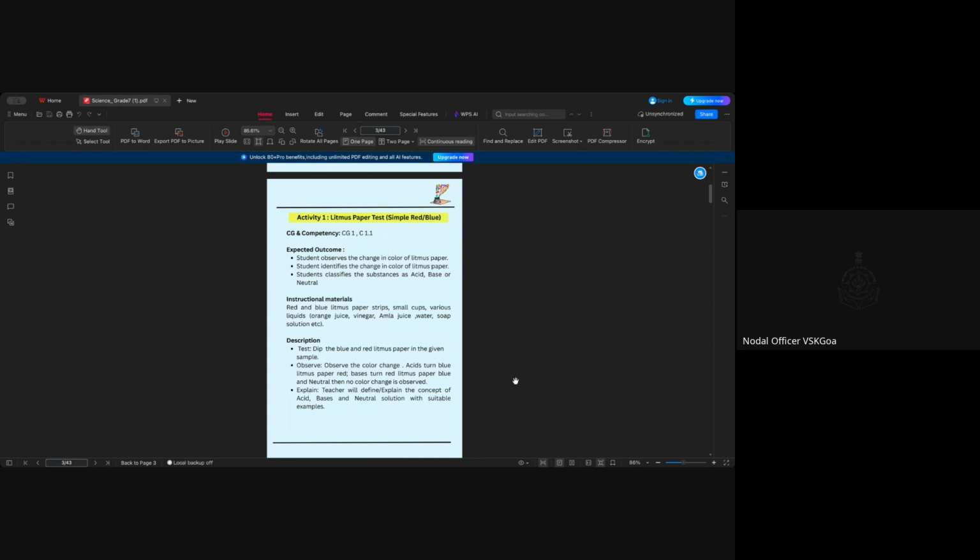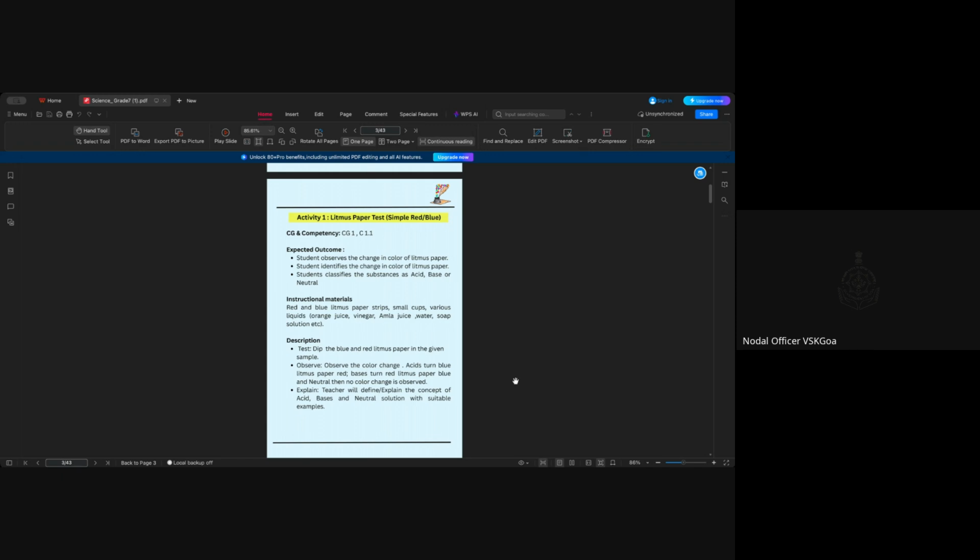At the start of the activities, I will mention certain competencies which are catering to it, and I will read that. That is competency 1.1, wherein the classification will happen based on the observable physical and chemical characteristics. The next competency related to CG6, that is competency 6.2, wherein the student formulates questions using scientific terminology.